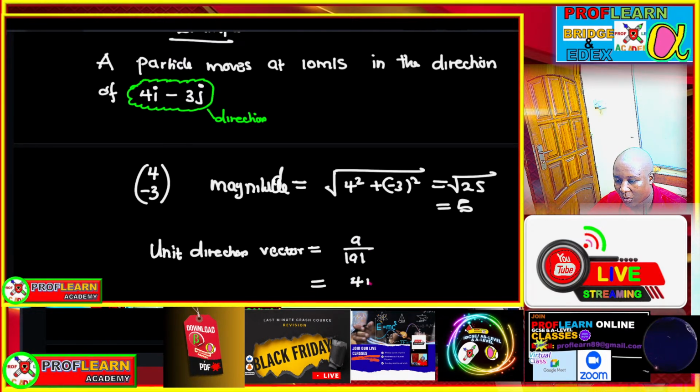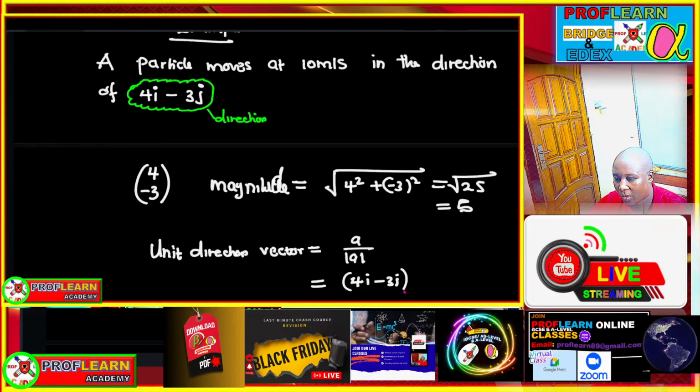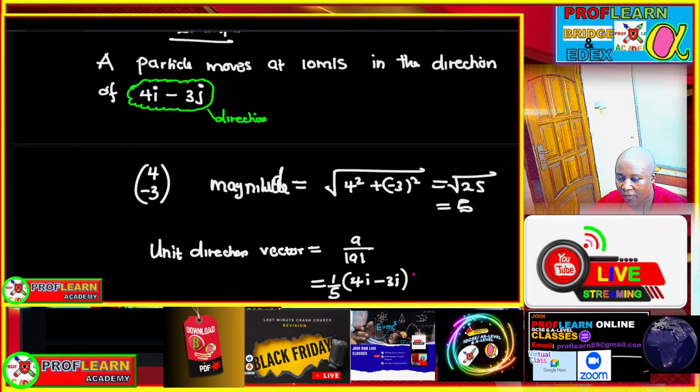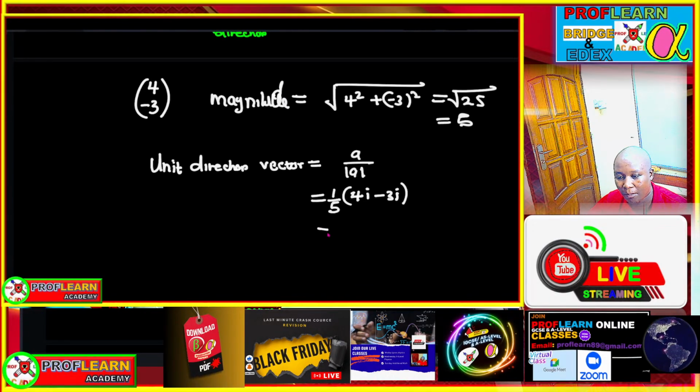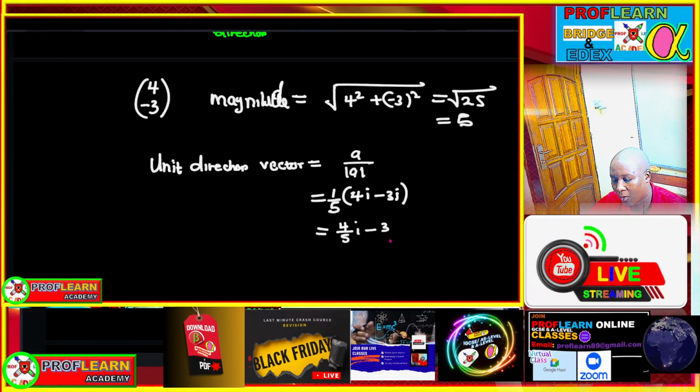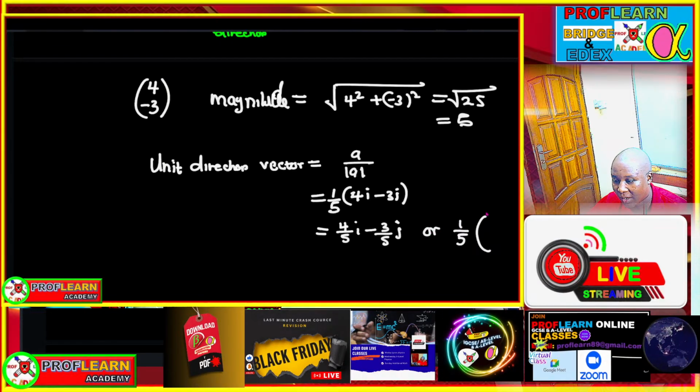Then we can divide every term there by 5, or you can write this as 1 over 5 multiplied from outside. That just means that every element inside is divided by 5. We can just leave it that way, or you can open the brackets, but I like to leave it outside like this, because we're going to multiply with the speed.